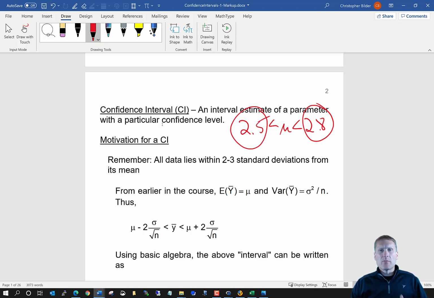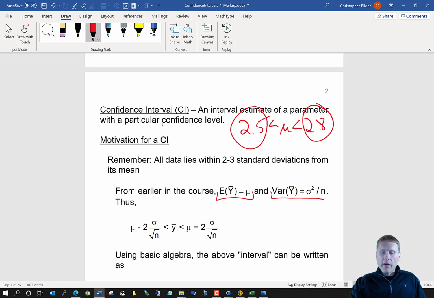Okay, so let's look at some motivation behind how a confidence interval expression comes about. Well, if you remember this rule of thumb for the number of standard deviations that all data lies from its mean, so 2 to 3. And earlier in the course, we learned that the expected value of y bar is equal to mu.